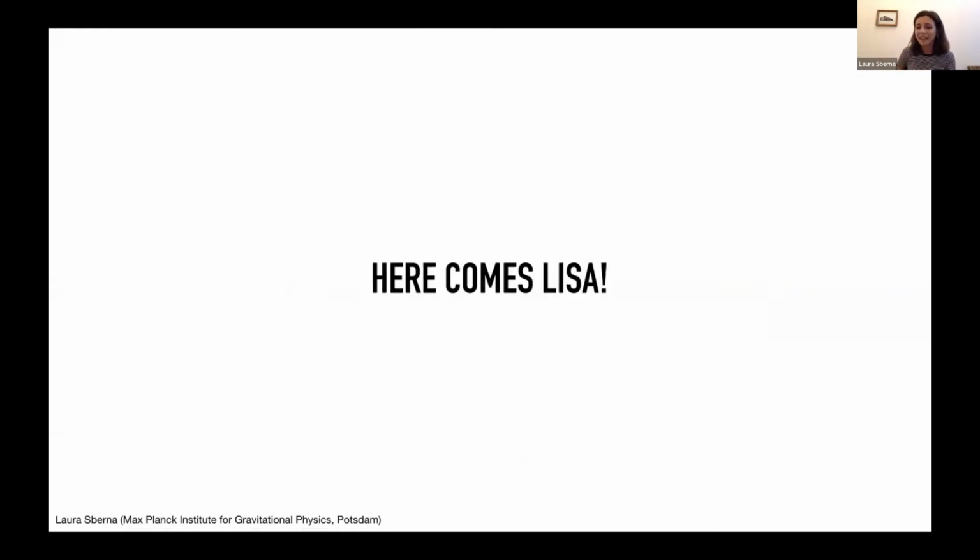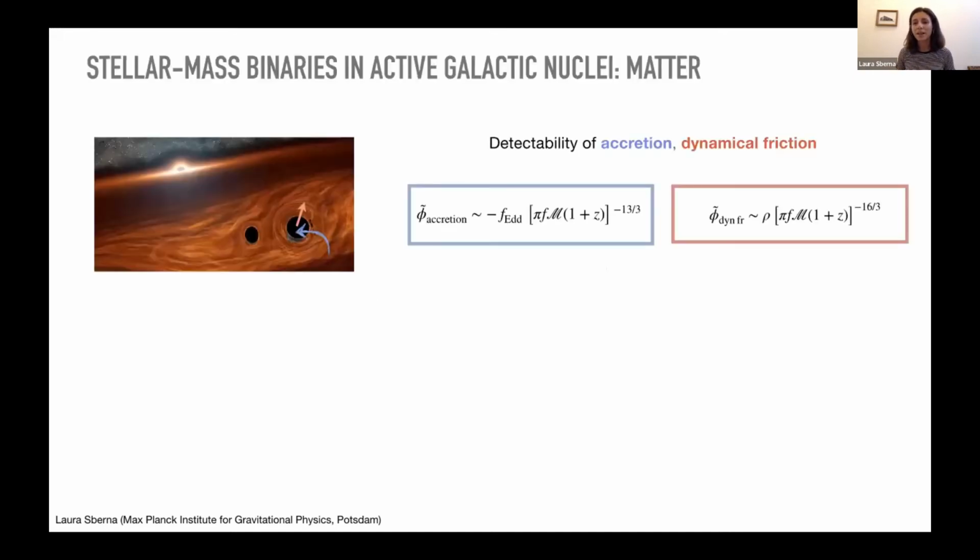So finally, I'm coming to the results of our studies, and I'm going to tell you how LISA could detect those environmental effects that I mentioned a couple slides earlier. What we found on the matter effects side is that LISA could detect the effect of accretion and dynamical friction. These are two effects that come in at low gravitational wave frequencies.